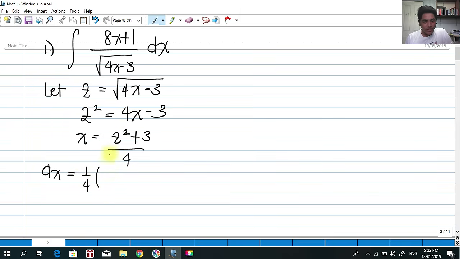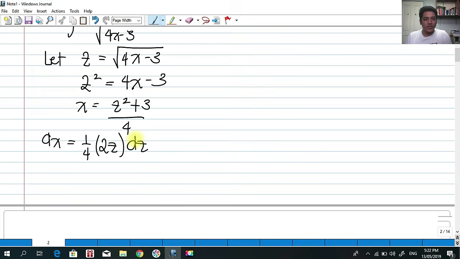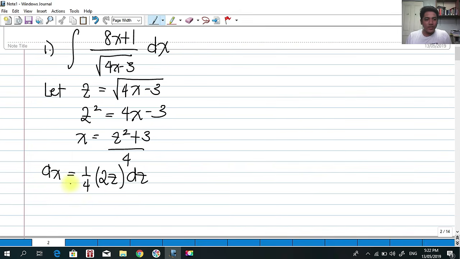The derivative of z squared plus 3 is 2z plus 0 dz, because the derivative of a constant is 0. So we have now the value of dx is equal to 1/4 times 2z. We can simplify this further to 1/2 z dz. So we have dx equals 1/2 z dz.